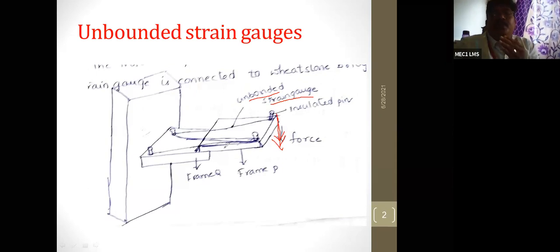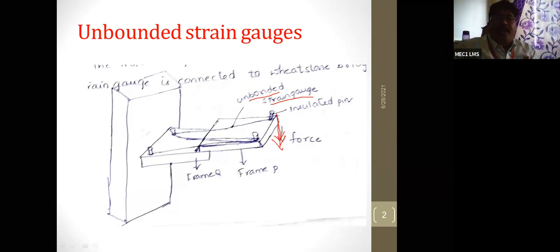Once a strain is developed in the frames, this wire absorbs that, and thereby there will be a change in the resistance of the strain gauge wire. This wire we have to connect to one of the resistors of the Wheatstone bridge.